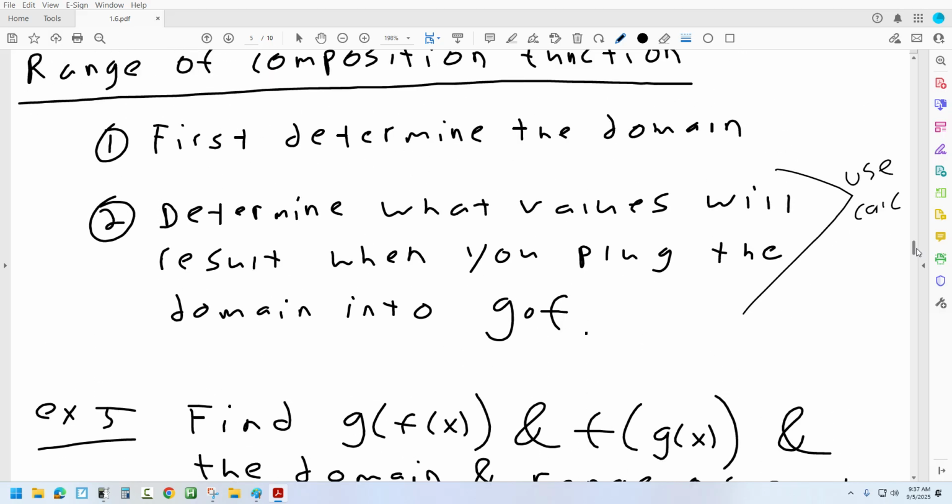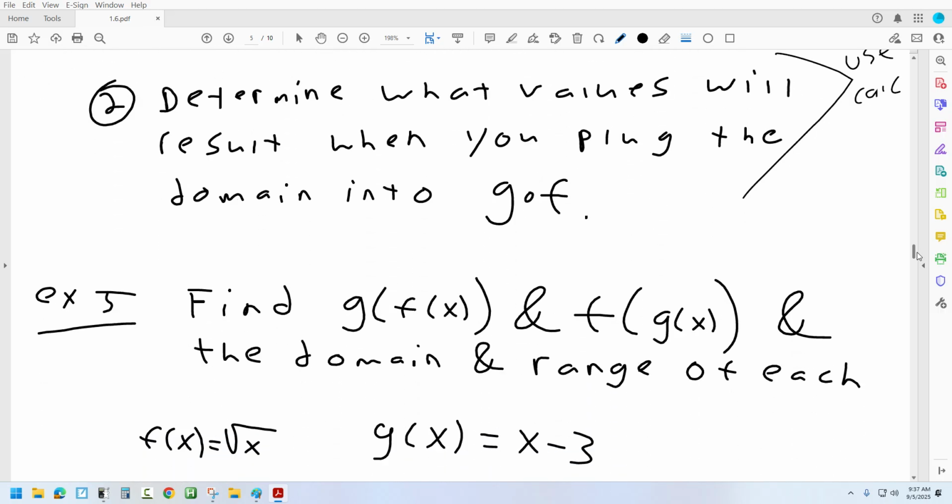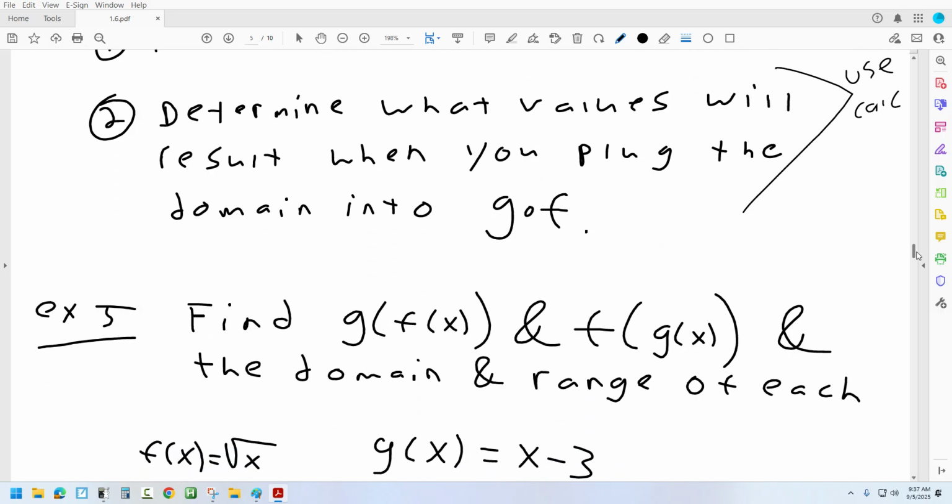Okay, so step one, first determine the domain. So for this one, let's just do the second one. Let's just do f of g of x, and let's find the domain and the range.